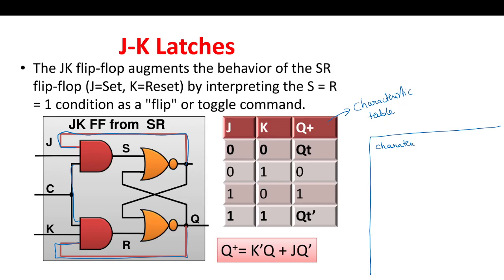The characteristic table is the table which represents the inputs, say J and K, with respect to the output Q. And we can derive the equation, so this is called the characteristic equation.